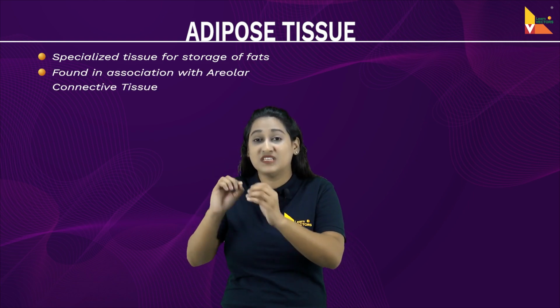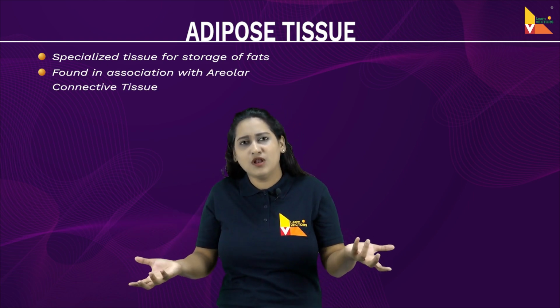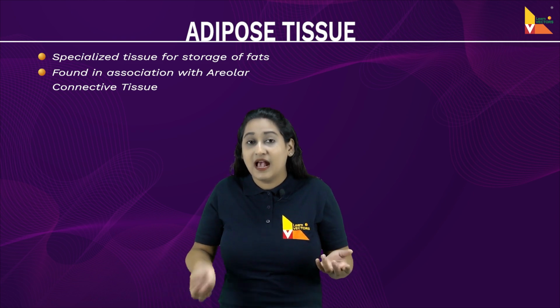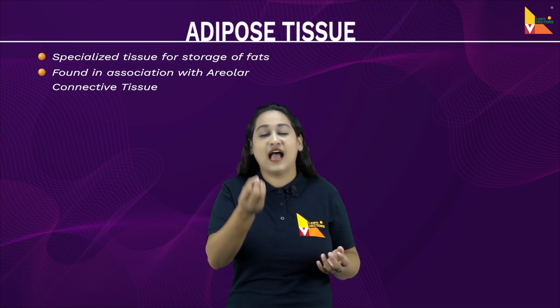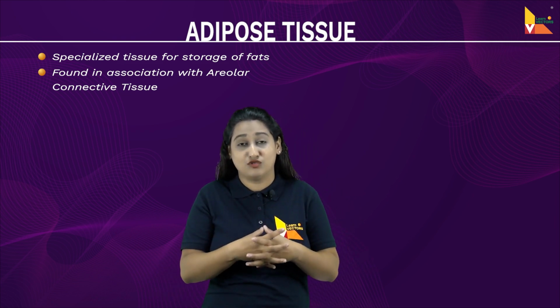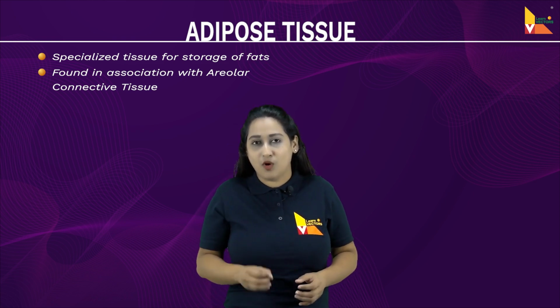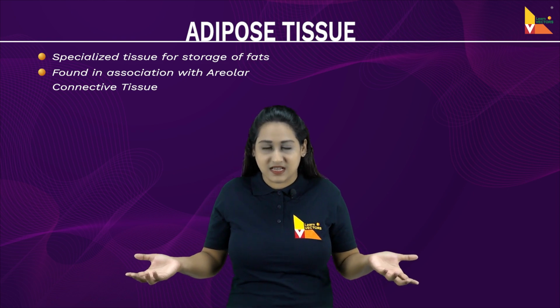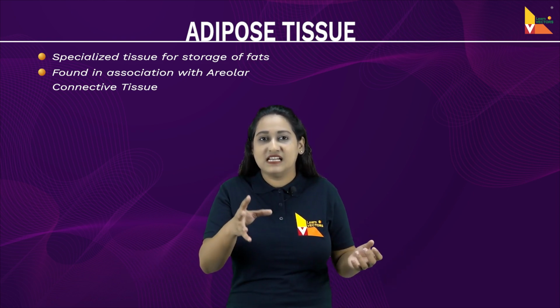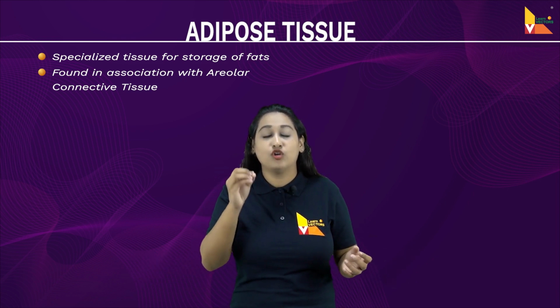Why? Because it is present in association with areolar connective tissue, right? As I said, these are the adipocytes which aggregate together to form the adipose tissue. As we have already discussed, these cells are specialized in storage of fats.